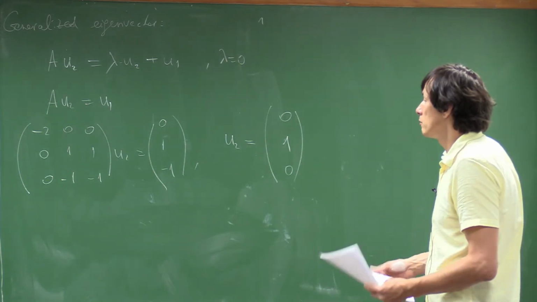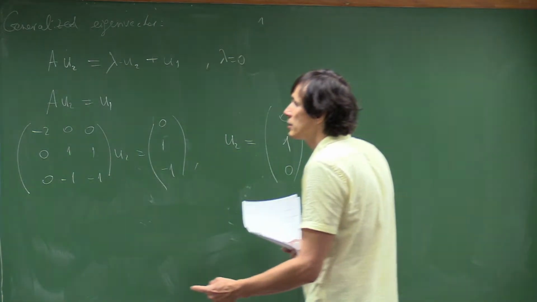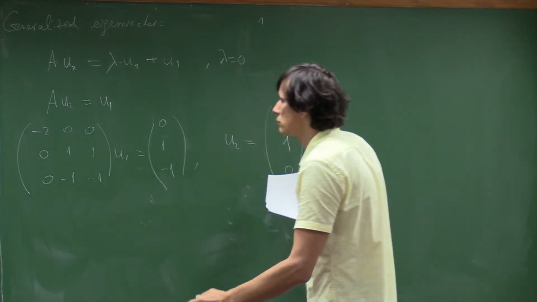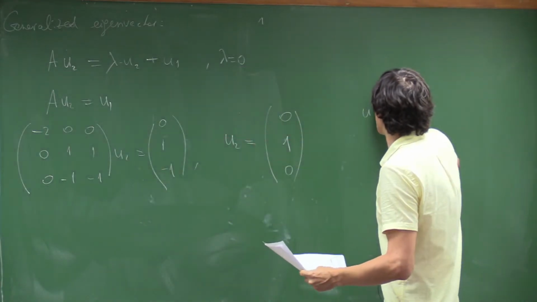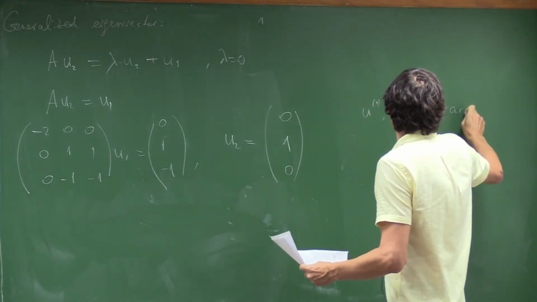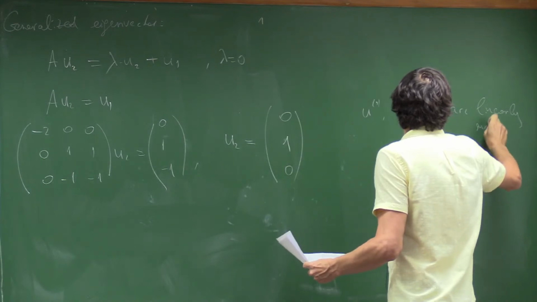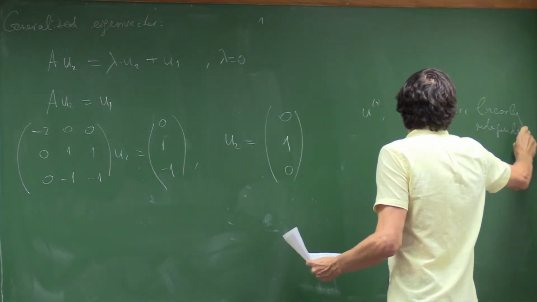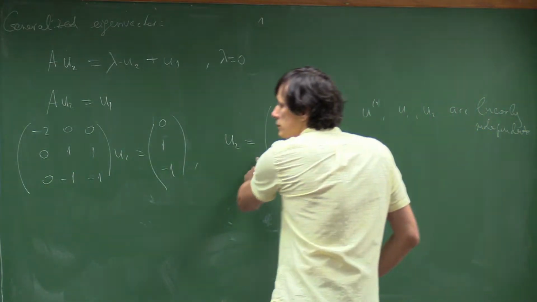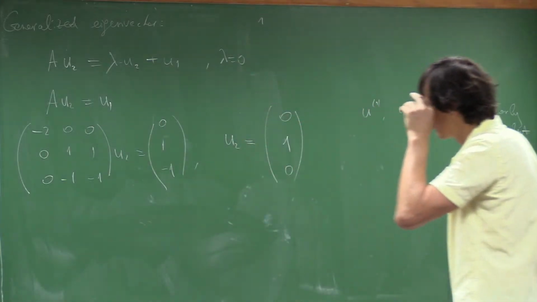And in principle, we don't even have to do anything else because we already see that these vectors, U1 and U2, are linearly independent. So we already have 3 vectors, and they form a basis. So we are done.